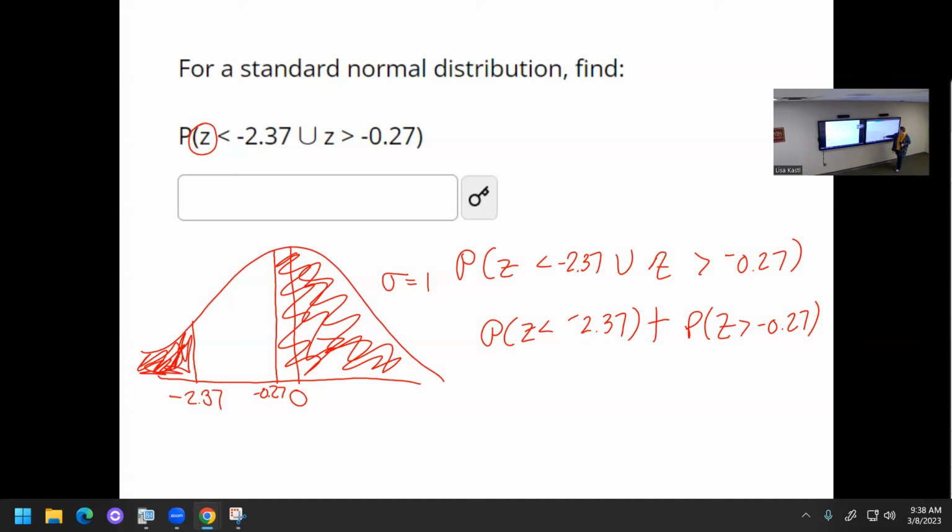So negative 0.27. See if I can do it. Will it let me scroll up? It will. That's kind of cool. Negative 0.27, I think is right there. So the area under the curve to the left of negative 0.27 is 0.39. So to the right is 0.61. And you add that to the other area we got and you get the area under the curve.